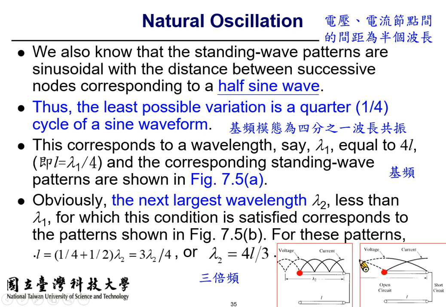Therefore, the two boundary conditions on the two ends of the transmission line can support the so-called quarter wavelength mode. And as you already noticed, for one end open, one end short transmission lines, the higher order modes follow the order of 3 quarter wavelengths, 5 quarter wavelengths, 7 quarter wavelengths.